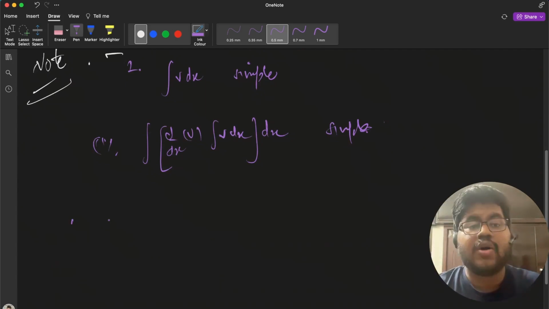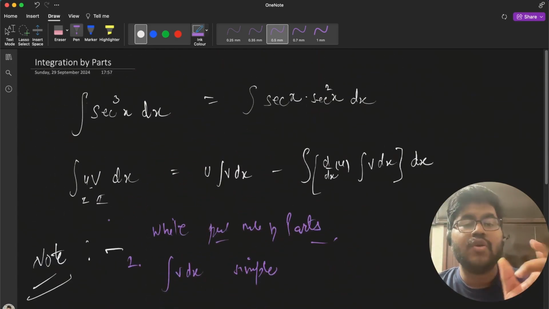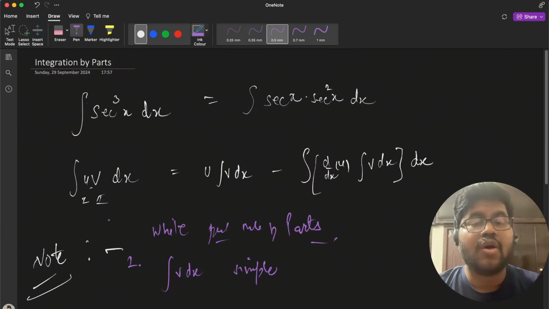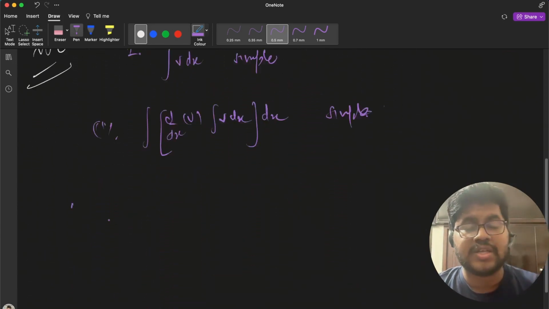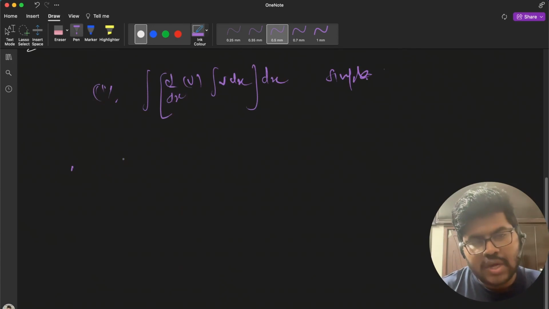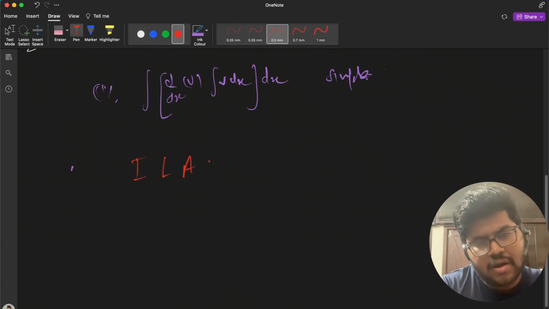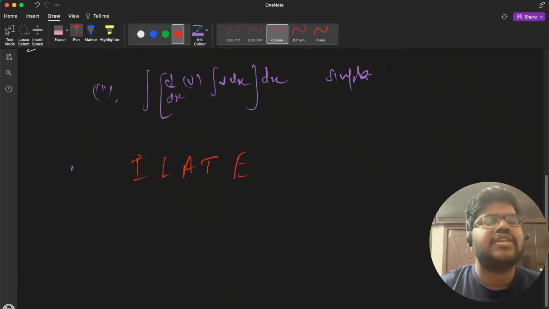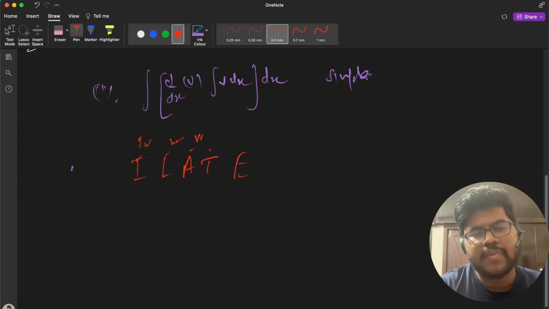Most important: we have seen the UV rule, and this is the turning point of the concept. It is also known as the ILATE rule. I stands for inverse trigonometric, L for logarithmic, A for algebraic, T for trigonometric, E for exponential.